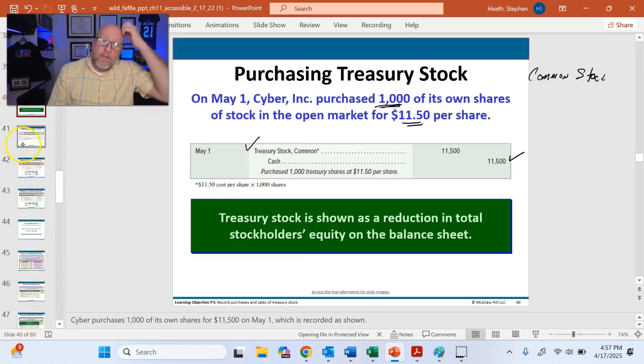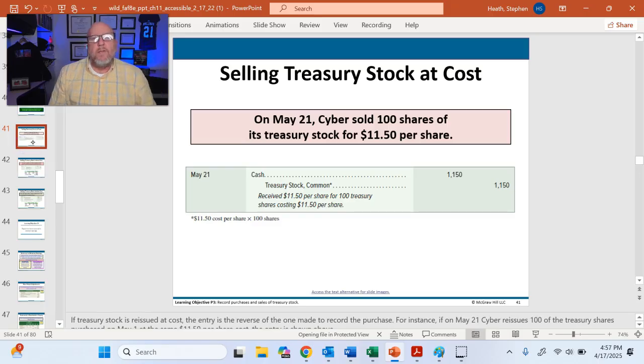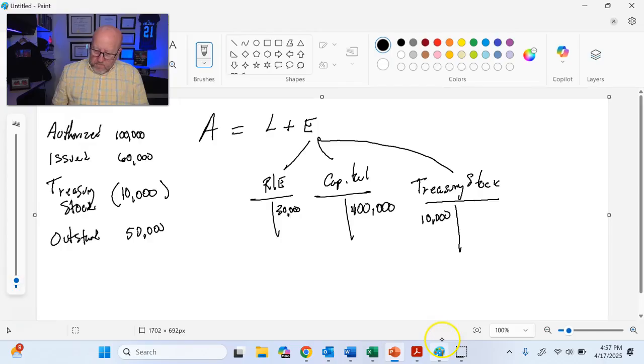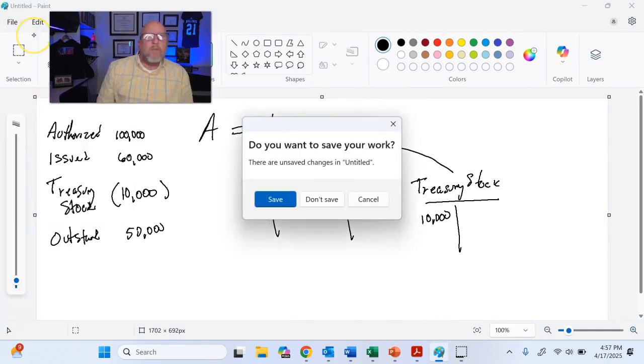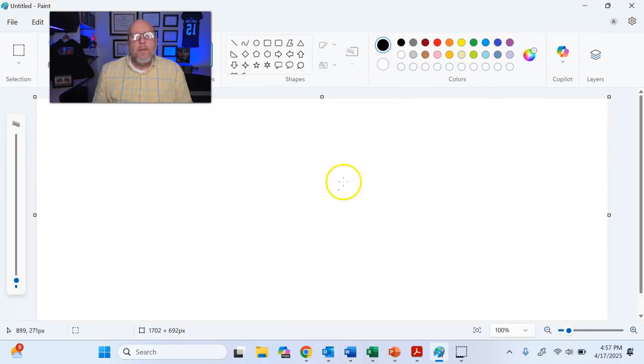And now what we're going to start talking about are instances when we sell Treasury stock. And I am going to use my own chalkboard. What we're going to say is there's essentially three scenarios in which we will sell the Treasury stock.